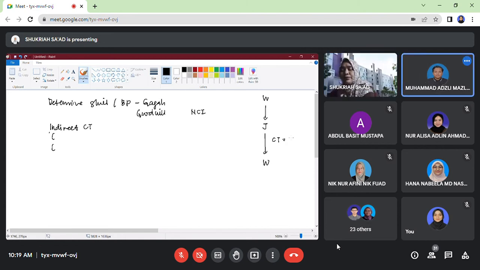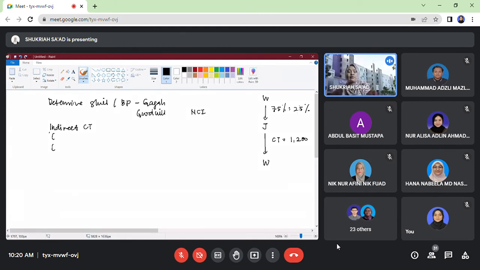Juara paid 1,200, or 1.2 million. Correct. So what percentage of control does WIRA have over Juara? 75%, and 25% is the information we need for indirect.